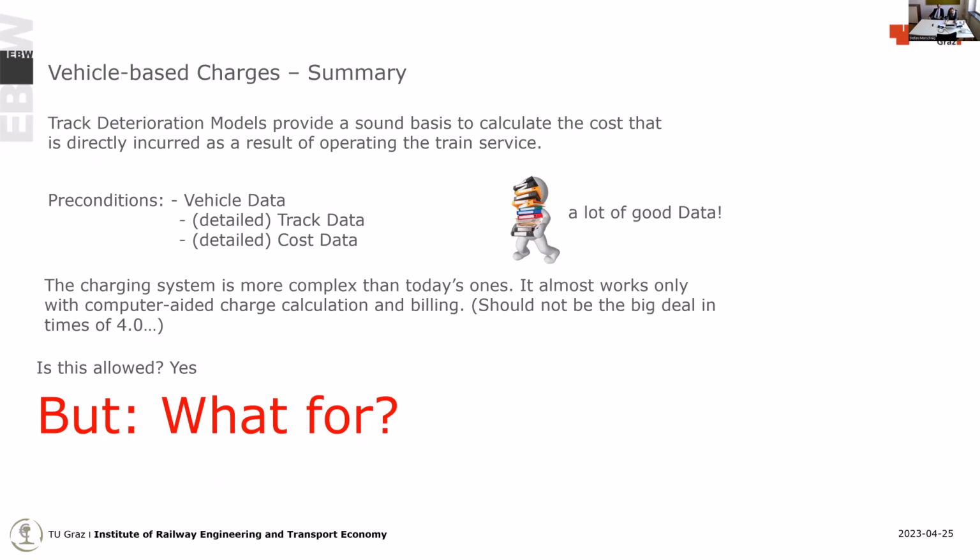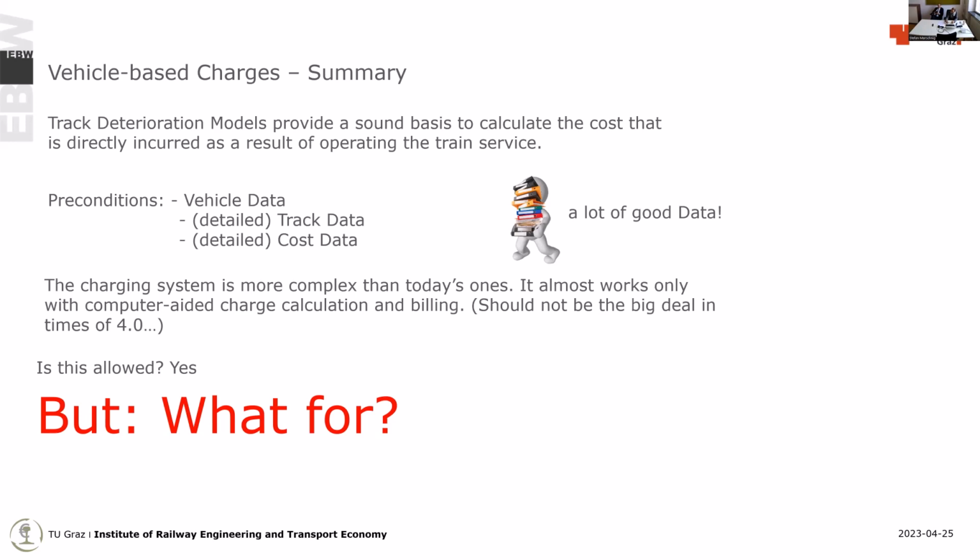And then always the second question: what for? Why should we do that? And this is a thing that can only be discussed on systems level, not from the point of view of shifting money from A to B. It depends how you see track access charges.